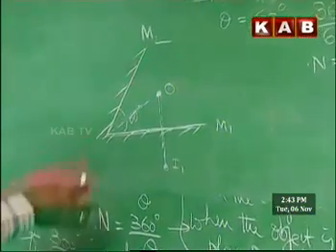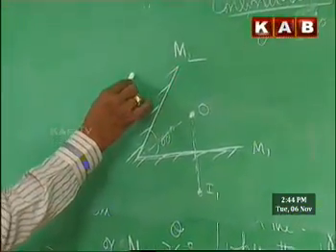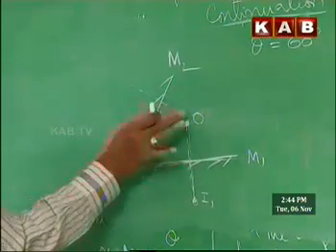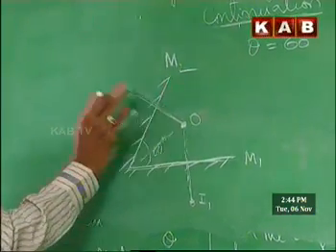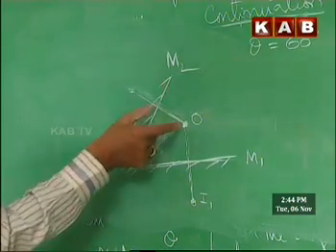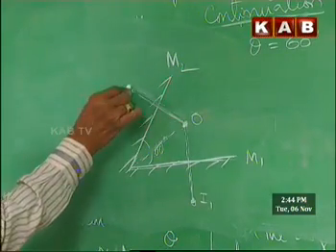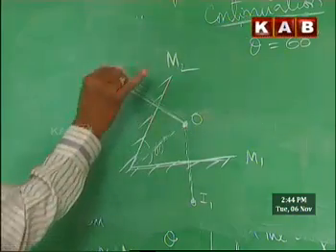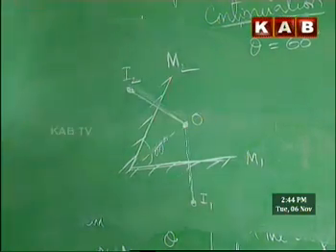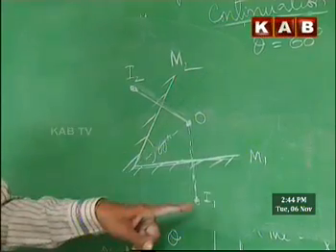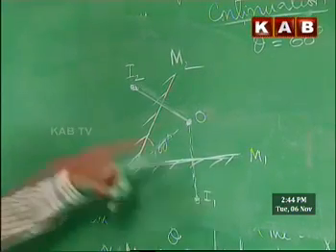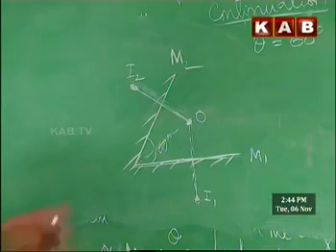Call it as I1. Similarly, first image is formed in the second mirror. So perpendicular distance from the second mirror, this distance is equal to this distance, and another image is formed here. This is second image. Similarly, the first image in the first mirror becomes object for the second mirror.